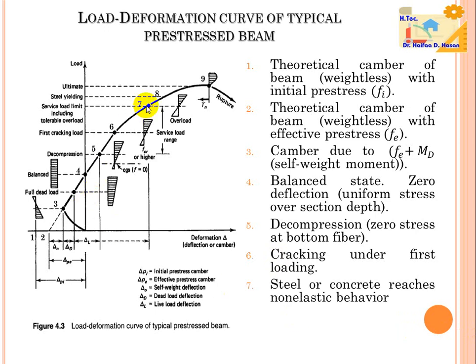In 7, steel or concrete reach non-elastic behavior. In 8, steel yielding. In 9, maximum beam capacity is reached, meaning the pre-stressing steel ruptures or the member ruptures.